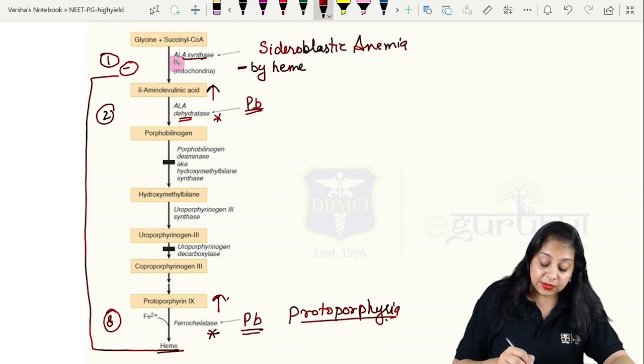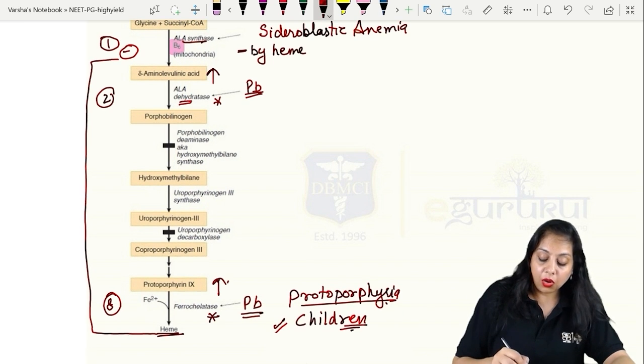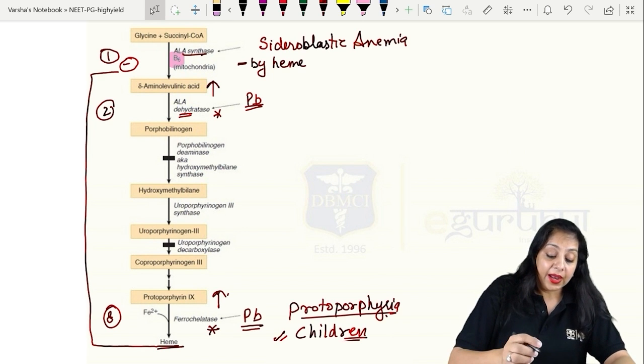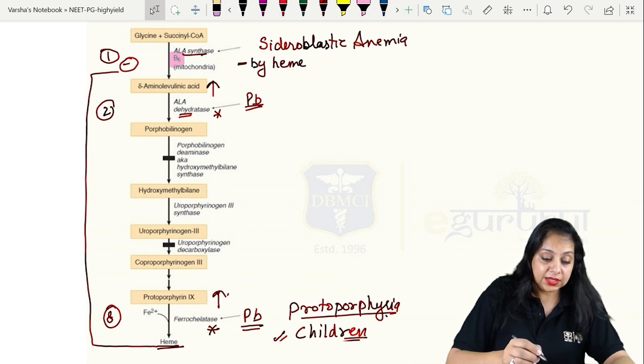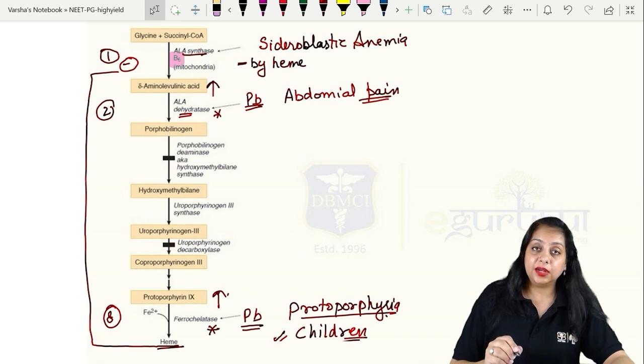This is the most common porphyria occurring in children, and this is non-blistering, meaning blisters will not be formed in this. Now what else is there? If ALA dehydratase is inhibited by lead, patients experience abdominal pain. There is no such kind of porphyria when ALA dehydratase is inhibited.